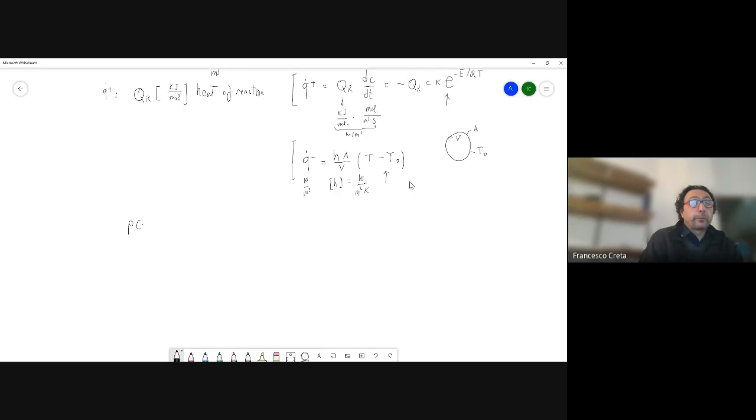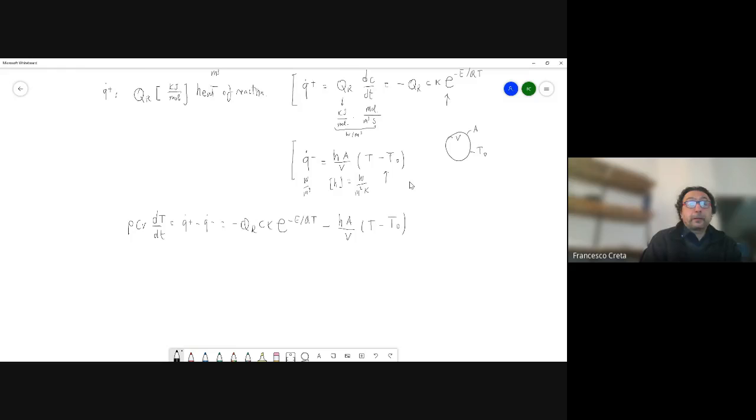For the temperature, it will be rho CV dT by dt equals Q dot plus minus Q dot minus, which is equal to, again, QR minus QR CK e to the minus E over RT, okay? Minus the Q minus part, which is HA over V (T minus T0), okay?